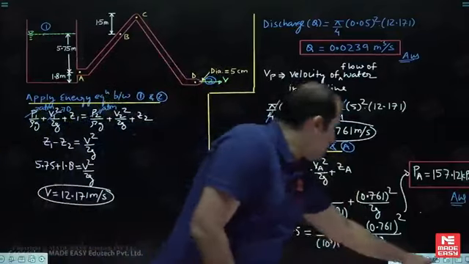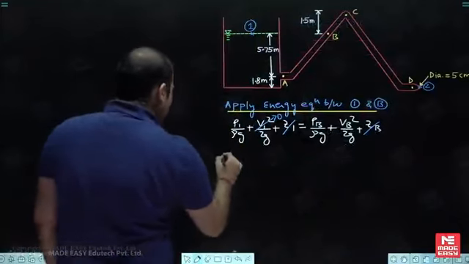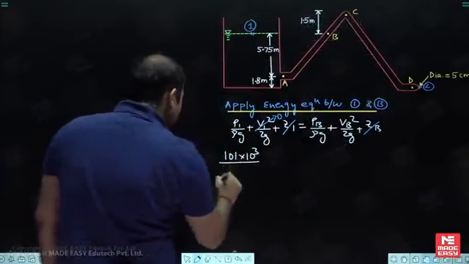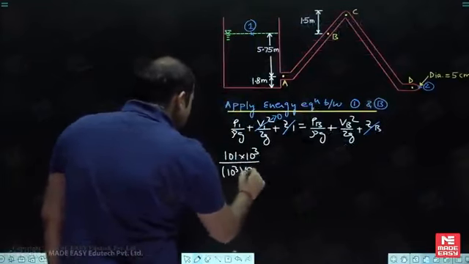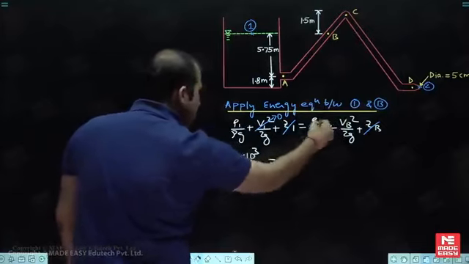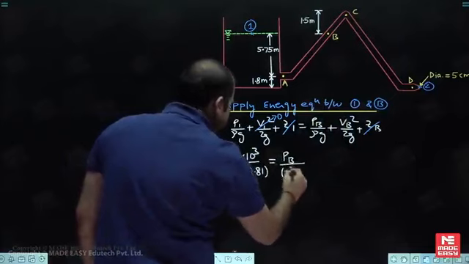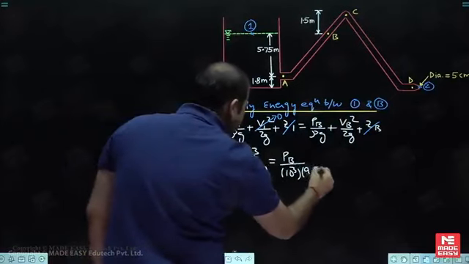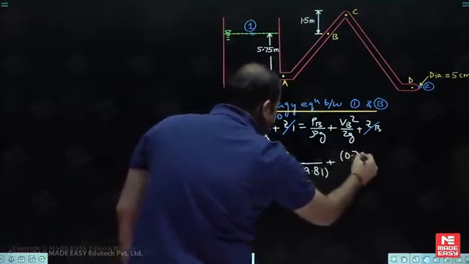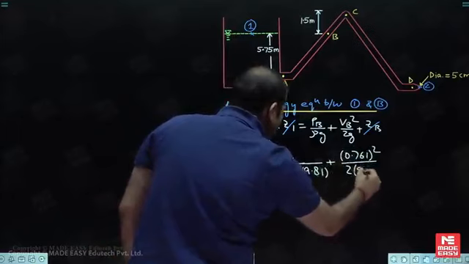So my dear, here if you are going to write, so this is 101 into 10 to power 3 divided by 10 to power 3, 9.81, and this is equals to PB by rho g 10 to power 3 multiplied by 9.81 plus, my dear, this is 0.761 square divided by 2g 9.81.